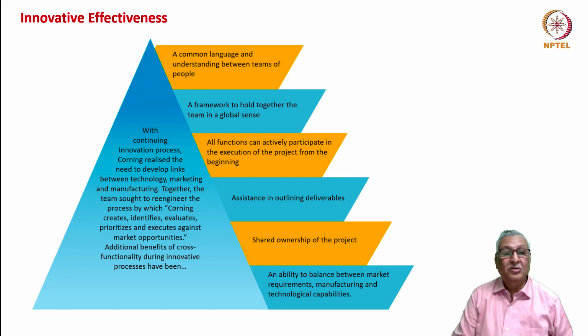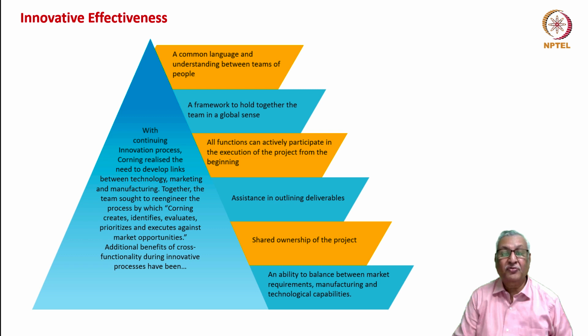Corning realized long ago that it needed to develop links between technology, marketing, and manufacturing. They have developed a process by which Corning creates, identifies, evaluates, prioritizes, and executes against market opportunities.